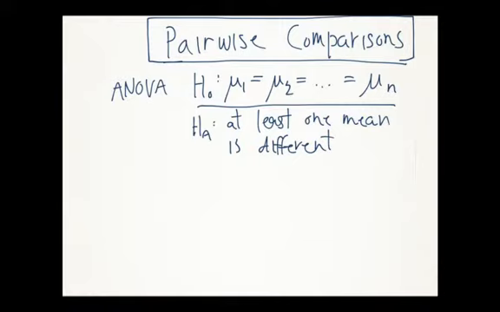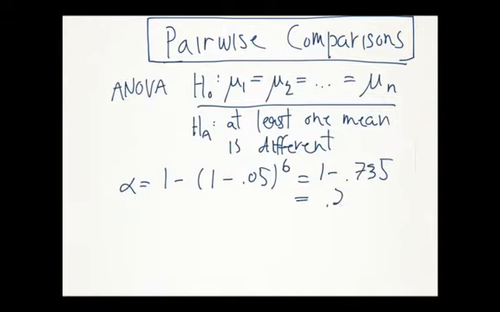Okay? And so as a bit of a review, remember that we talked about this thing called the family-wise alpha level. And so remember alpha, which is our type 1 error rate, we said if we have multiple tests, then in the example where we had 4 groups, our overall family-wise error rate was calculated in this way, 1 minus 0.95 to the 6th power, which, if you carry out the calculation, turns out to be 0.265.